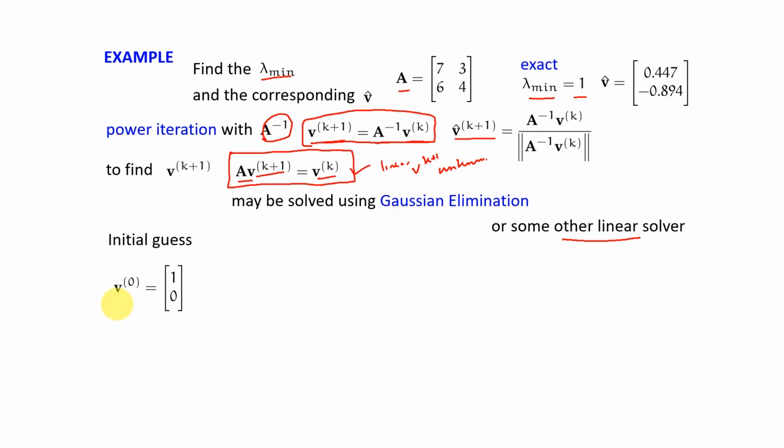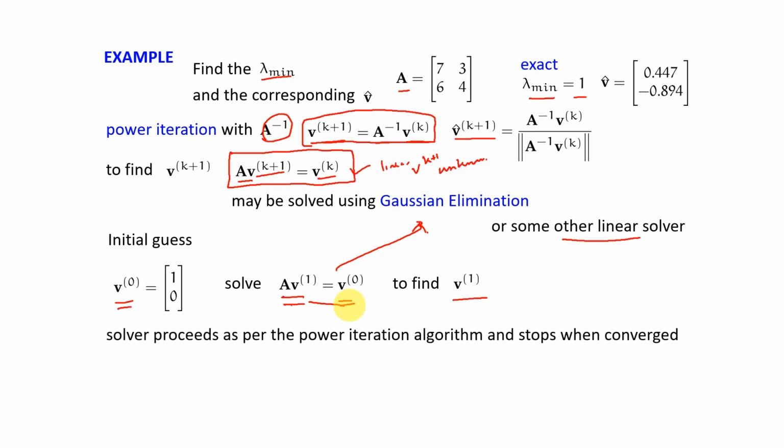So for instance, if I start with an initial guess of the matrix 1 0 as my eigenvector, then to find V1 I have to solve A V1 equals V0, and then I have to use probably Gaussian elimination or something else to find V1 from this.